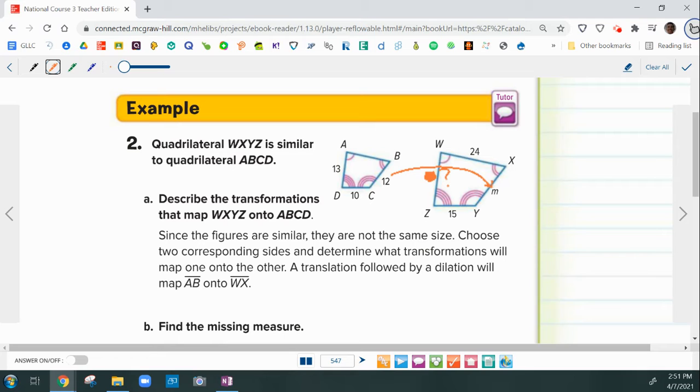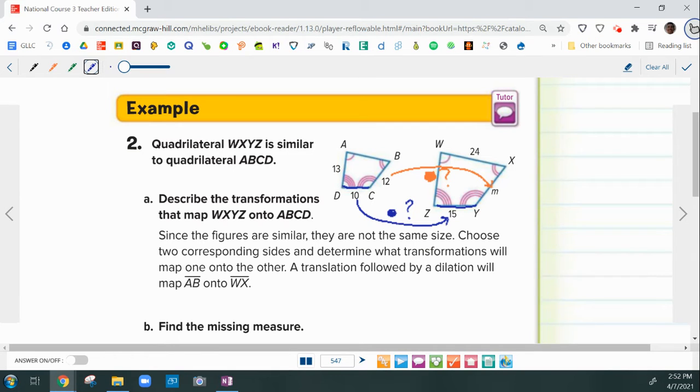Well, how do we find that? We look at two other corresponding sides and we ask ourselves, what did we have to multiply the 10 by to get 15? So 10 times what is 15?